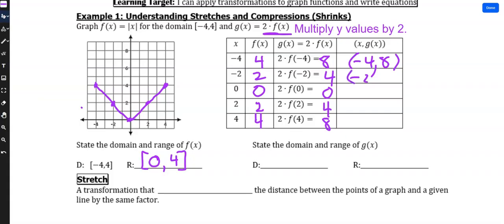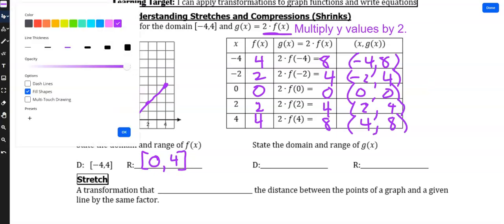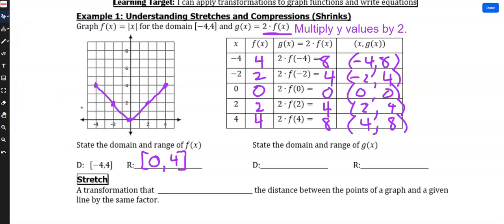And so we have original x, new y 4. Original x, new y value 0. Original x, new y value 4. Original x, new y value 8. What's that going to look like?